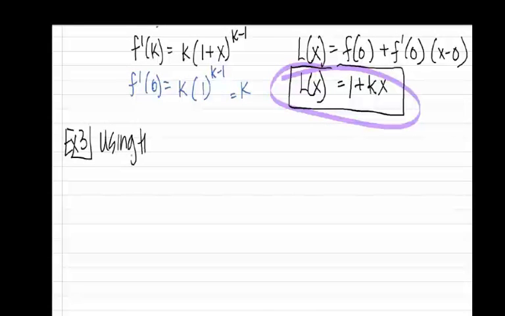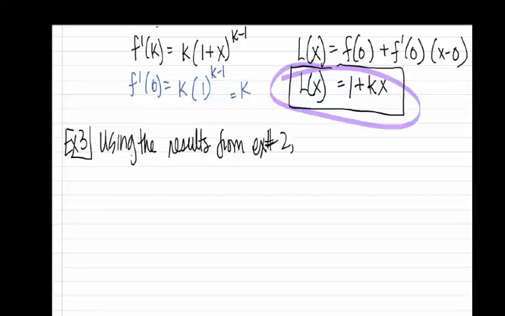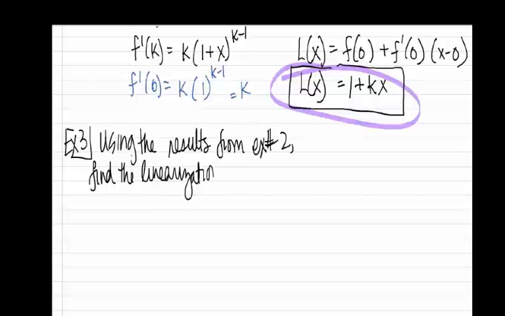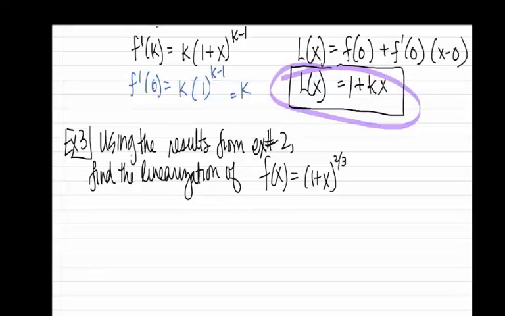So using the results from example 2, I want us to find the linearization of f of x equals 1 plus x to the 2/3 power for every k at x equals 0. And so this last part here must be set up the same.